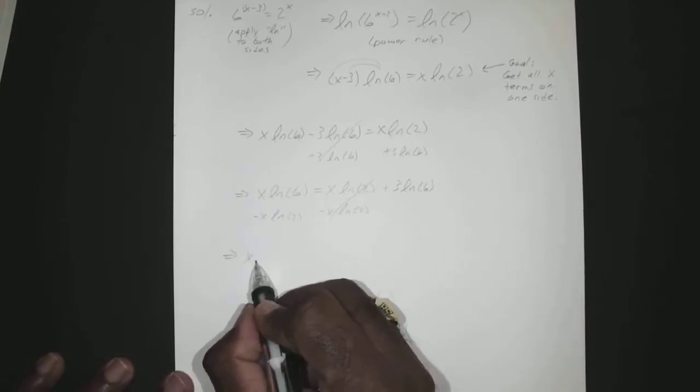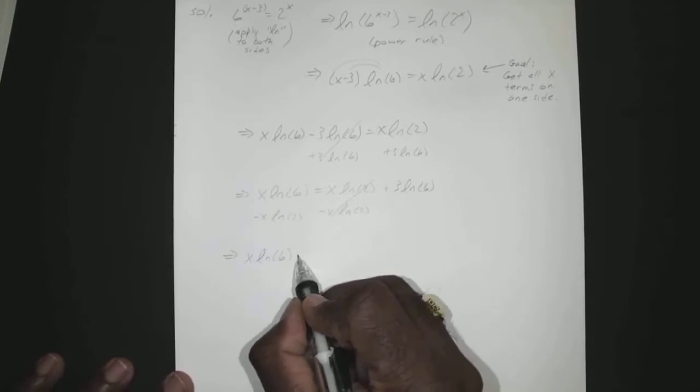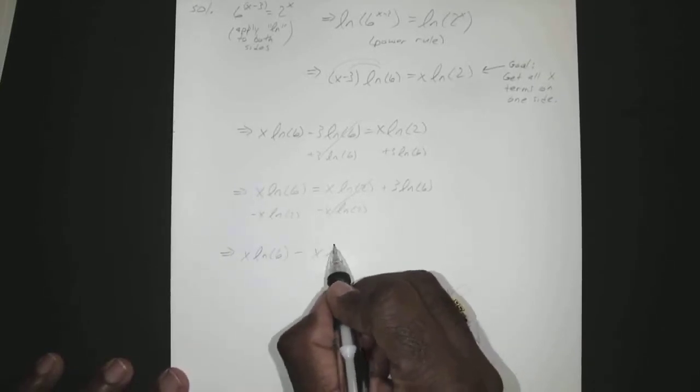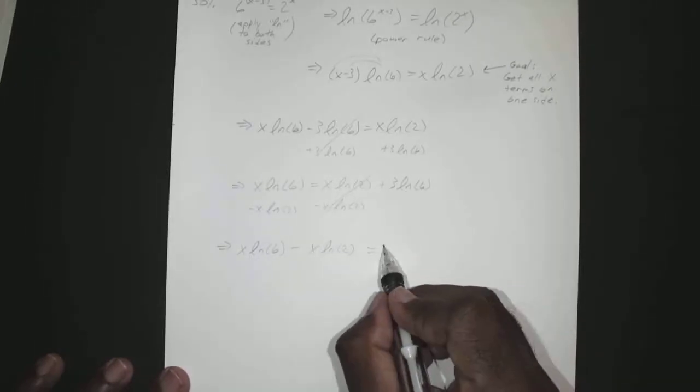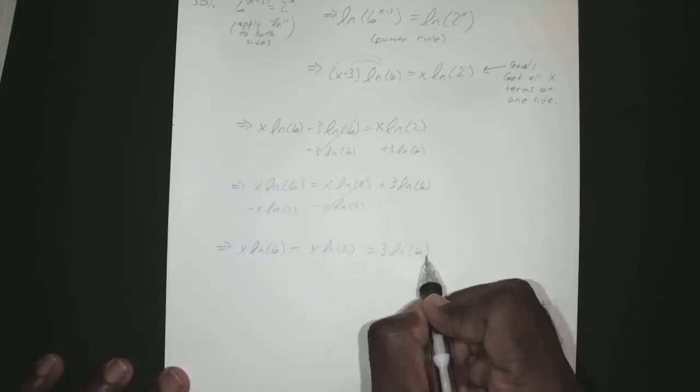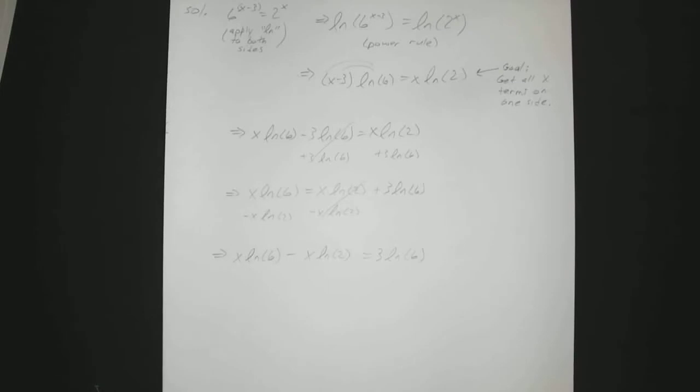So you have x natural log of 6 minus x natural log of 2 equals 3 natural log of 6. Okay. Now once you have both on one side, you can now factor an x out of both terms.